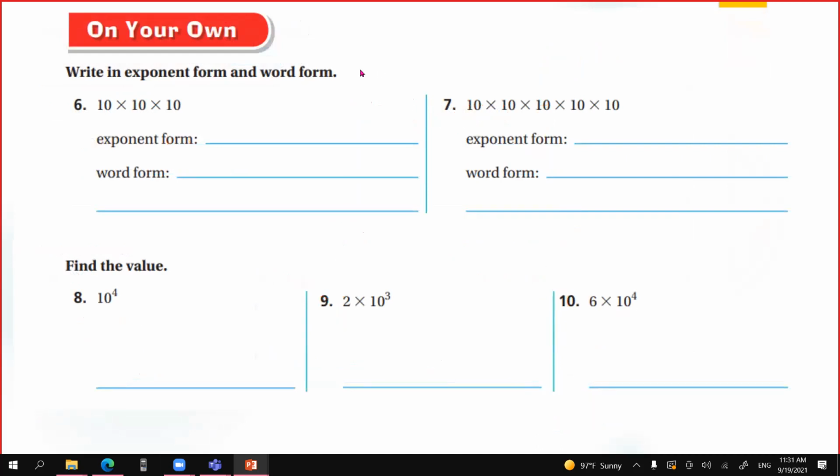Now, number 6. Let's go to Jilan. Yes, Jilan. 10 times 10 times 10. Can you write it in the exponent form?